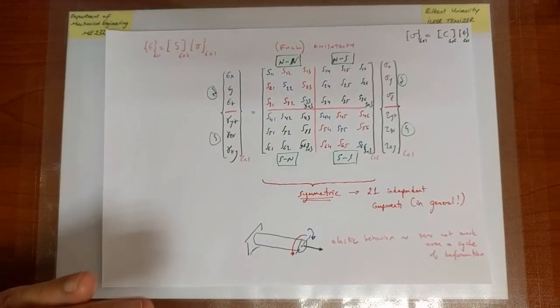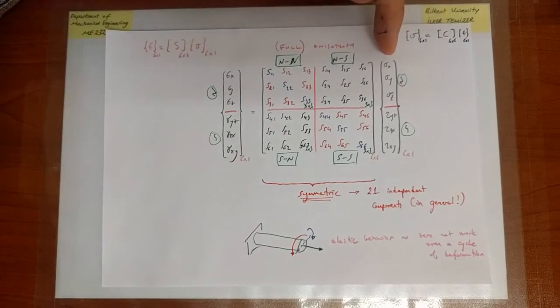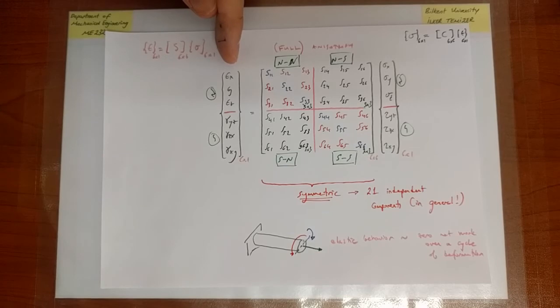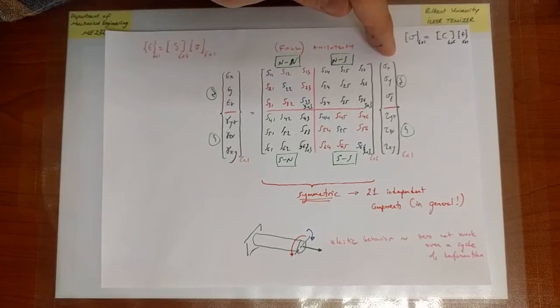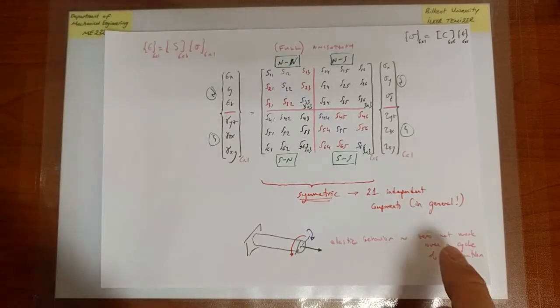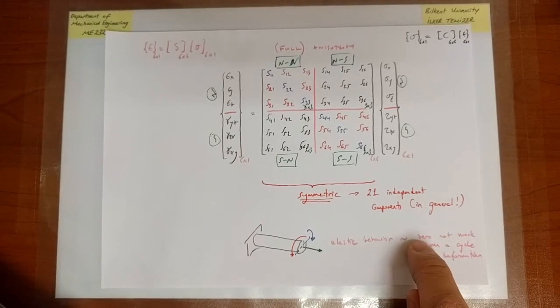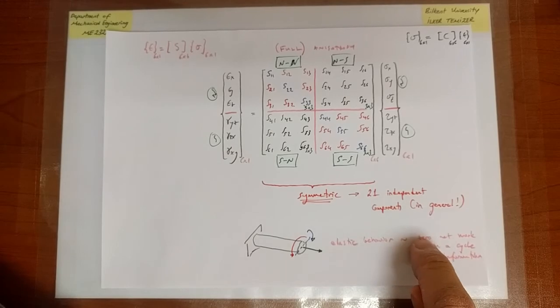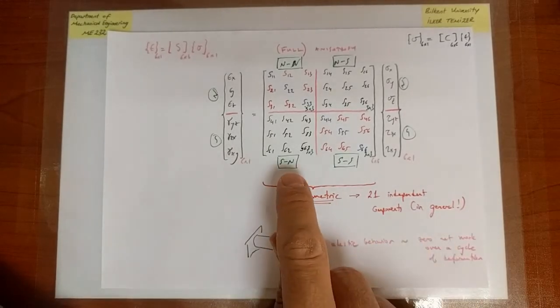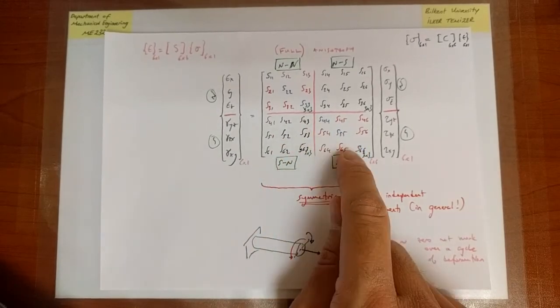So for a cyclic variation of stresses to deliver you exactly a deformation such that load times deformation integrated over a cycle, okay, so that's work. So that work over a cycle is equal to zero. For that to be observed, and that's my physical expectation, it turns out this matrix needs to be symmetric.